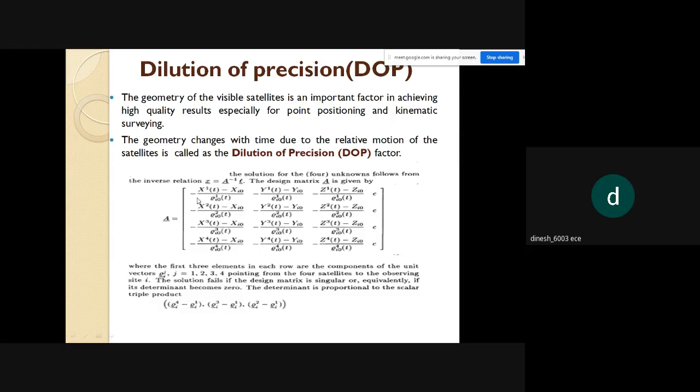A is equal to minus x1 of t minus xi naught divided by rho i1, in the initial positioning, 0 of t minus y1 of t minus yi naught divided by rho i1 naught of t, minus z1 of t minus zi naught divided by rho i1 naught of t, into c.